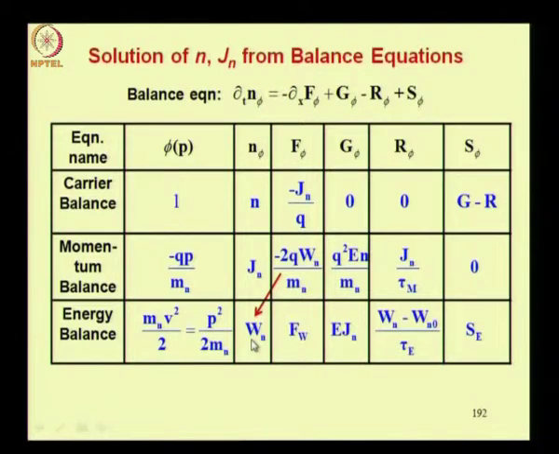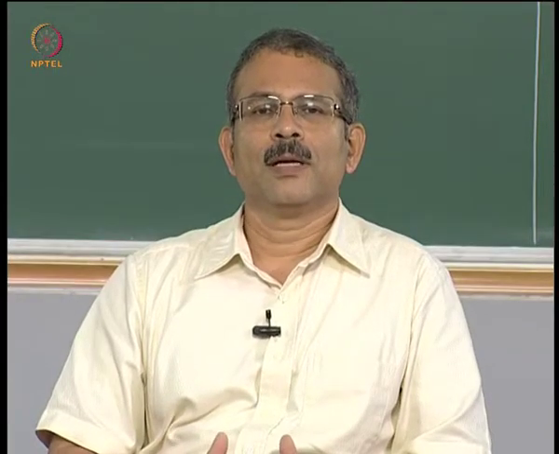But then this seems to be going on and on, because now you have introduced the kinetic energy flux Fw. So how do we get Fw? Well, the way out would be to write another equation. Now there seems to be a problem, that you have an infinite number of balance equations.